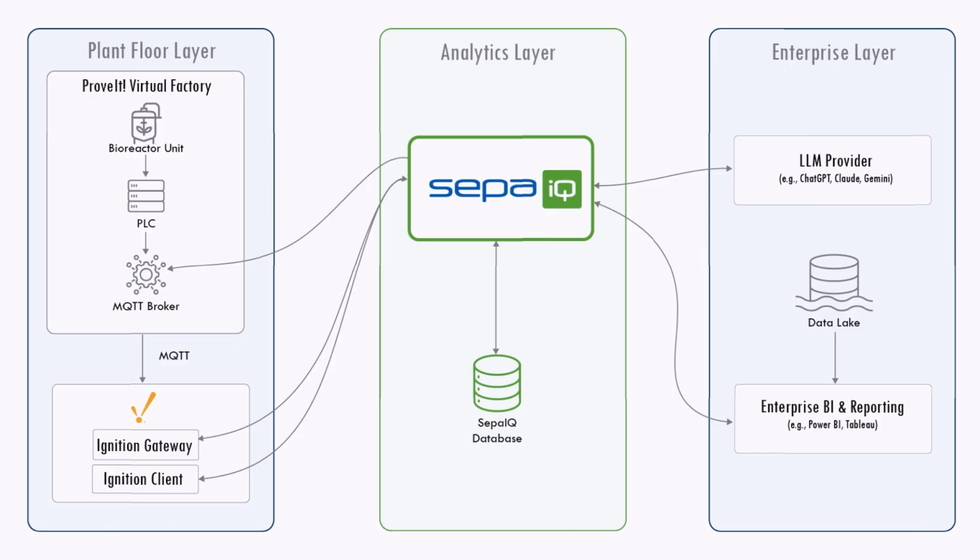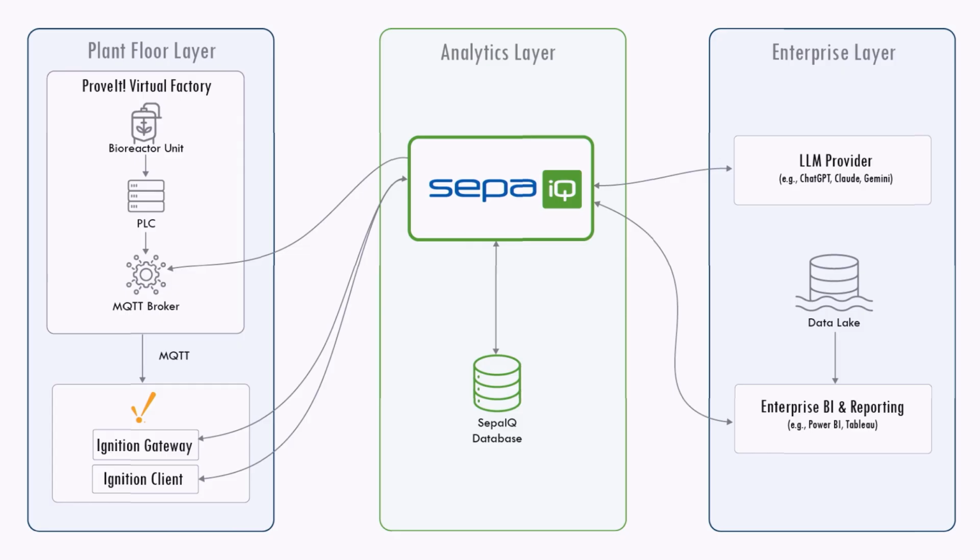So what I'm going to show today is, this is a quick, basic drawing of what I'm showing. We have the Plant 4 layer on the left, which is the virtual factory. We're leveraging the Enterprise C virtual factory, and I'm specifically looking at their bioreactor. A bioreactor, if you're not familiar with it, you can think of it as like brewing beer.